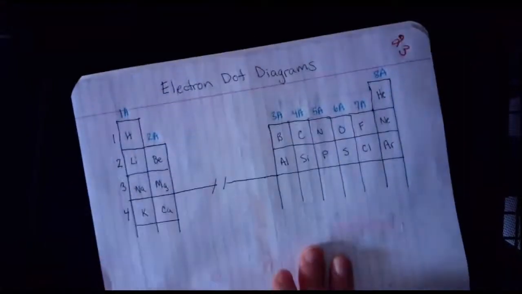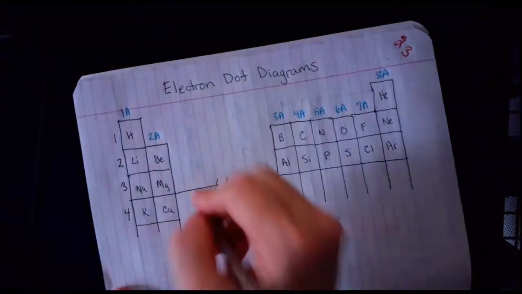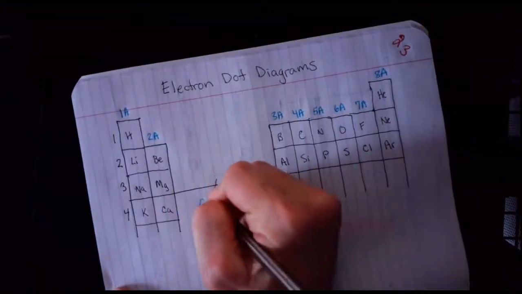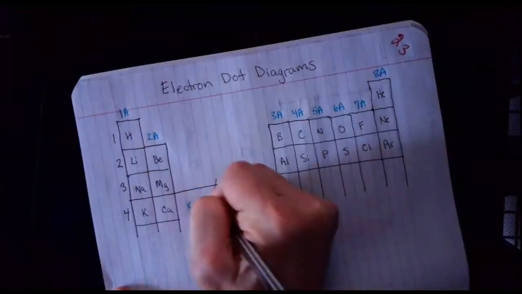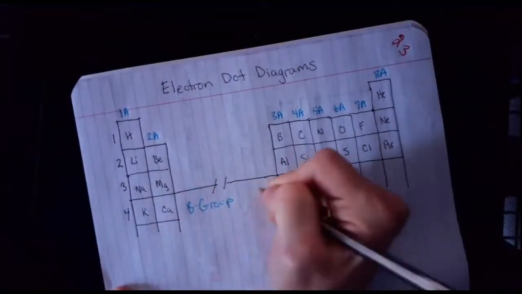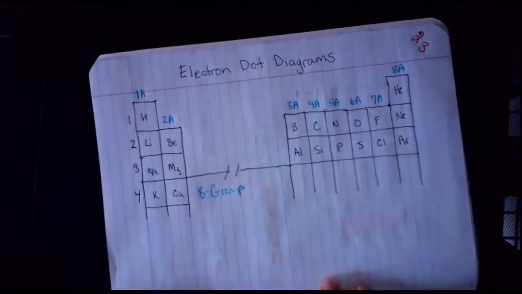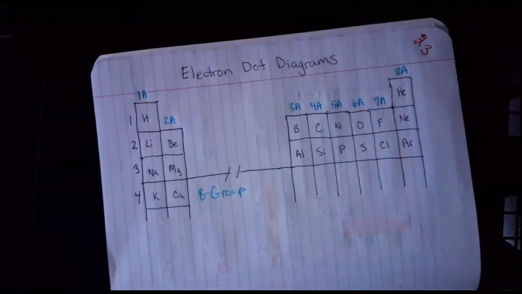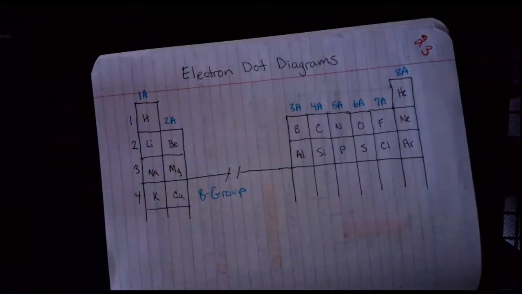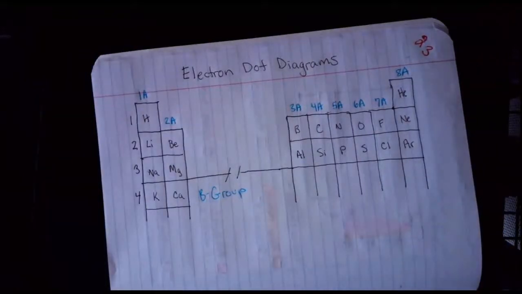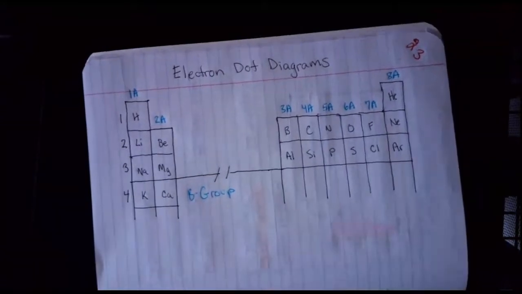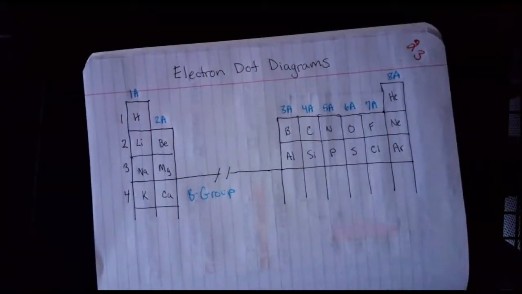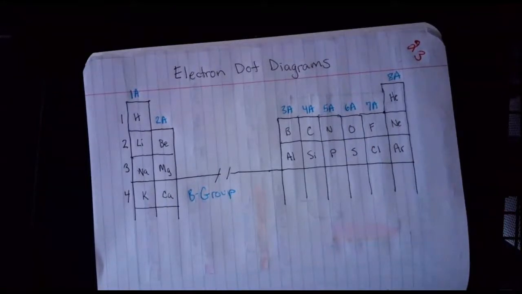We're only looking at those A group elements. This is just a reminder, we don't need anything here, but these are the B group elements, the transition metals, and then those lanthanides and actinides at the bottom. They don't follow the really nice, neat pattern you're going to learn today, so we're just going to ignore them for now. When you get to chemistry, you're going to learn a little bit more about them.